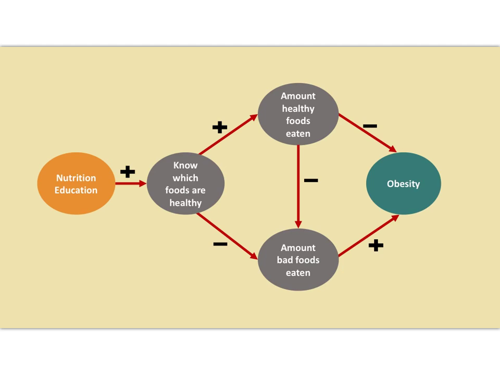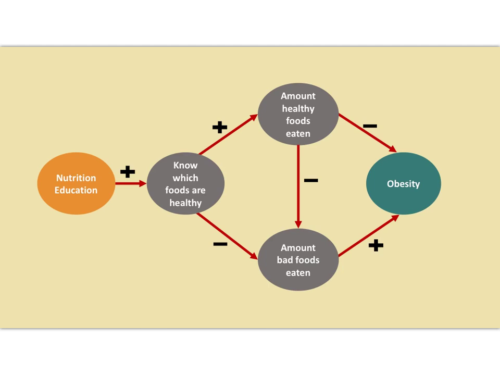But before we get to that, I want to review the signs with this logic model, which has more branches and more signs. So the basic thing we had before was more nutrition education, more knowledge about healthy foods, more healthy foods eaten, lower obesity. That's the same.